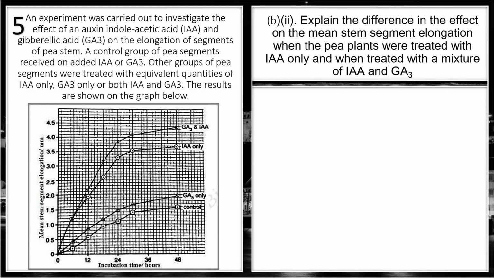Part B, Roman number 2. Explain the difference in the effect on the mean stem segment elongation when the pea plant was treated with indoleacetic acid only, and when treated with a mixture of indoleacetic acid and gibberellic acid.